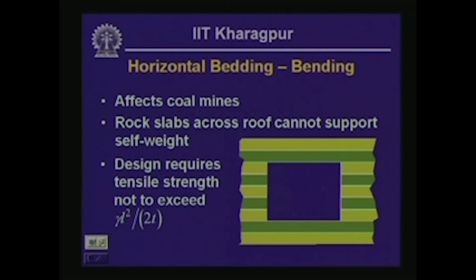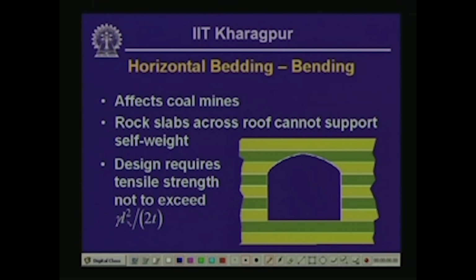Now, compare that with another tunnel which has got this type of geometry. Here what you see is that the thickness of the rock slab, which is supposed to self support its weight, has reduced considerably over the thickness of the bedding originally.